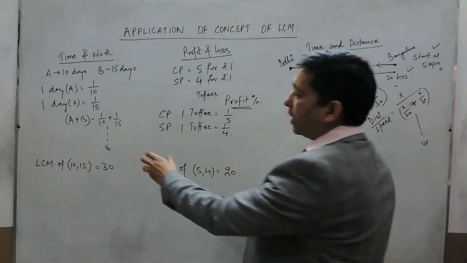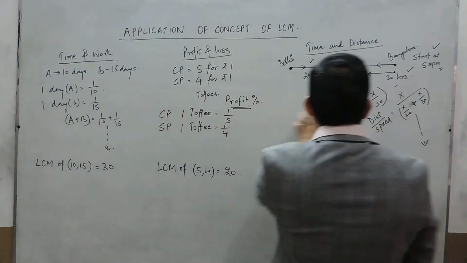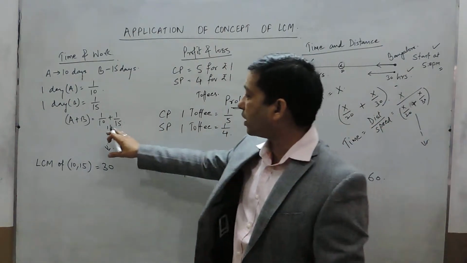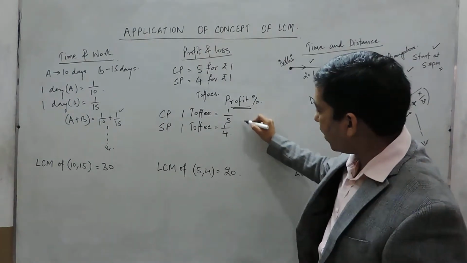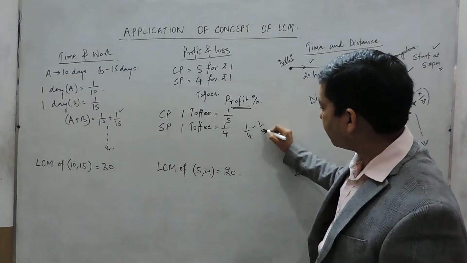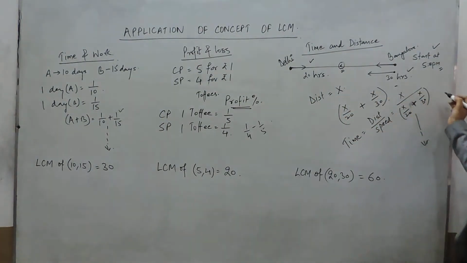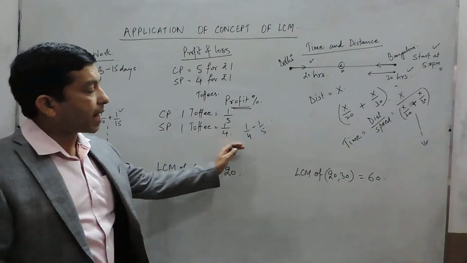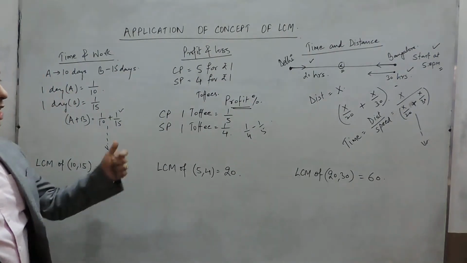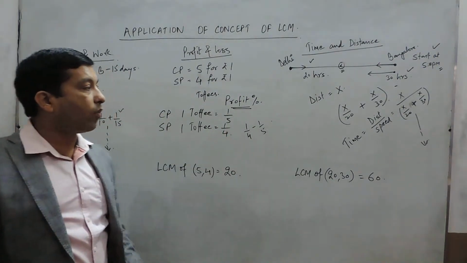So what we are saying is, in all three questions, we have converted the question into fractions like 1 upon 10 plus 1 upon 15, 1 upon 4 minus 1 upon 5, and then x upon 20, x upon 30. Addition or subtraction of fractions is always difficult, while addition or subtraction of numbers is always easy.